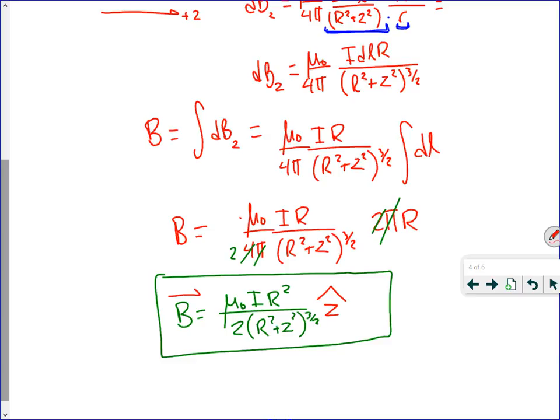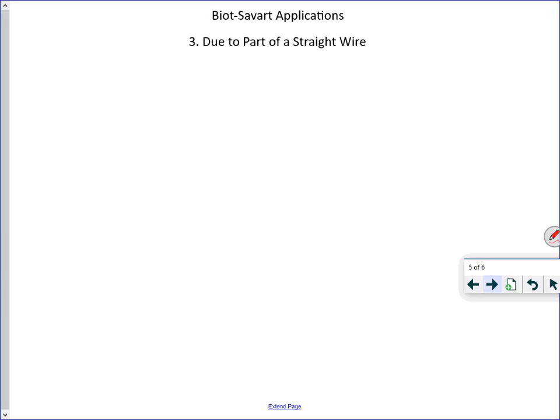What do you think? And guess what? We can do things like, say, here is part of a big long wire, but we're going to look at the field here made by this section of the wire.